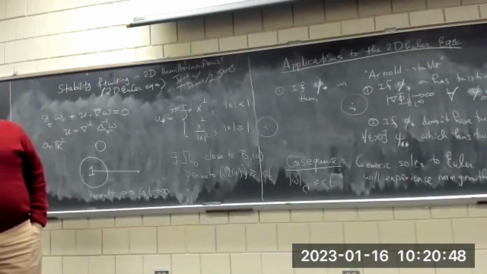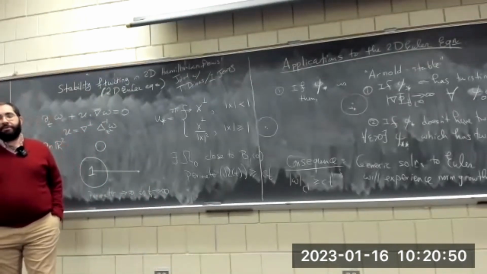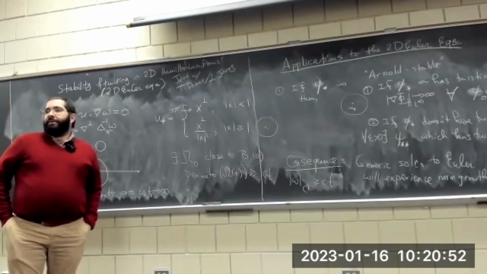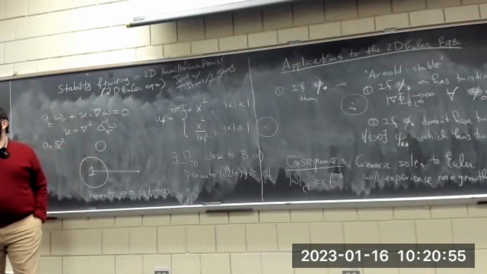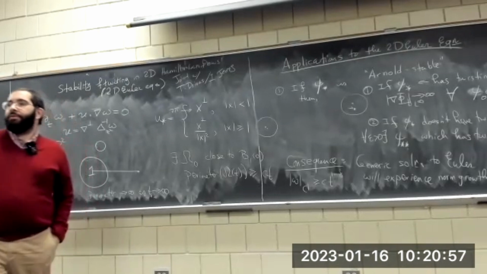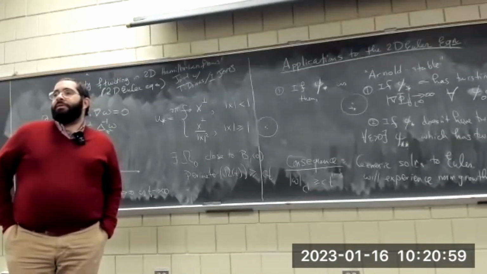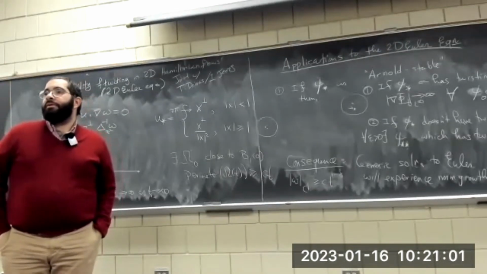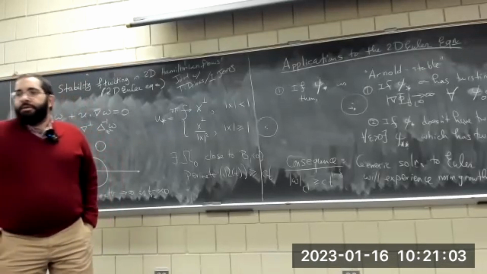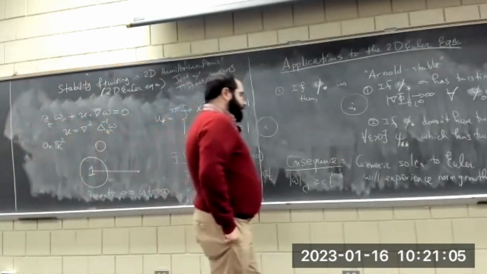Tarek, are there any other questions? So you've got the lower bound that's linear in T. If you know it's Arnold stable, can you also get an upper bound that's the same order?